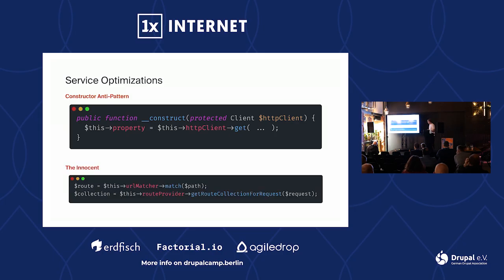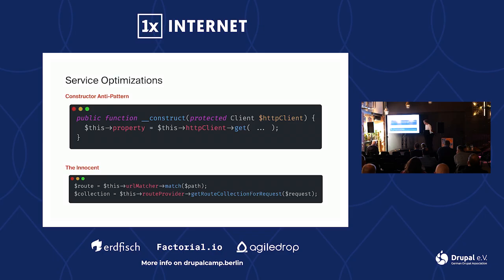Then the second that I want to show is what I call the innocent. Right? Sometimes you just have one line in your code and you think you're doing everything right? You're using a core service, you're using a method without any custom code, but then actually when you do the analysis, you find out, oh, this might be slow. Right?